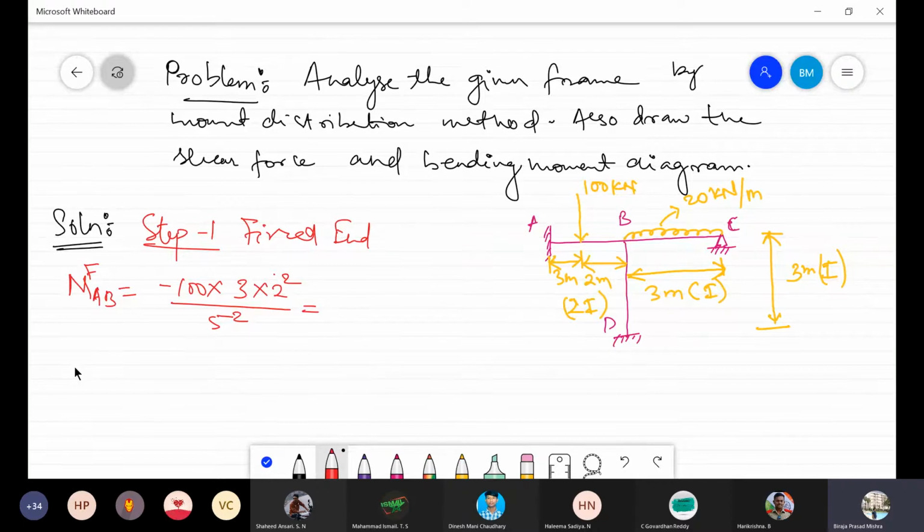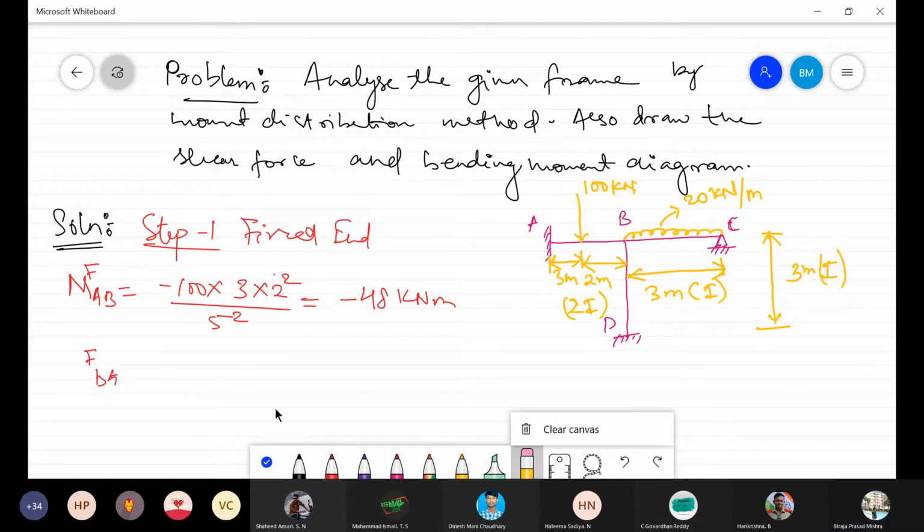So how much it is coming? MFAB, minus 48 kilonewton meter. Okay. So MFBA equals to, how much is MFBA?